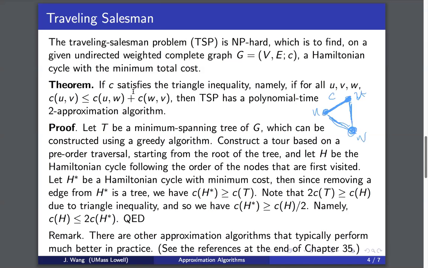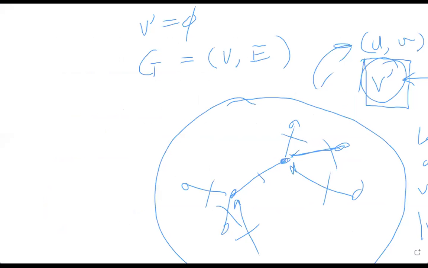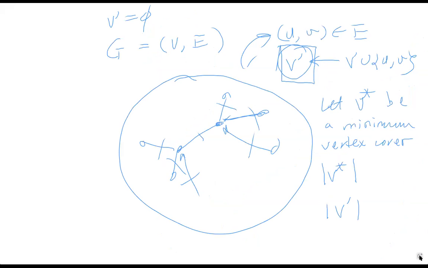All right, so what's the idea? The proof here is simple, but let me just open up a whiteboard to explain the idea. So now we have a connected graph.